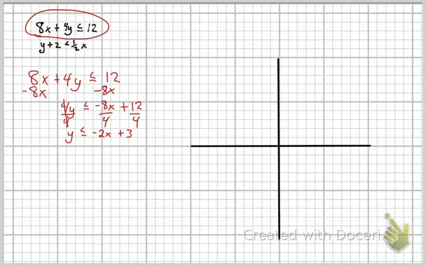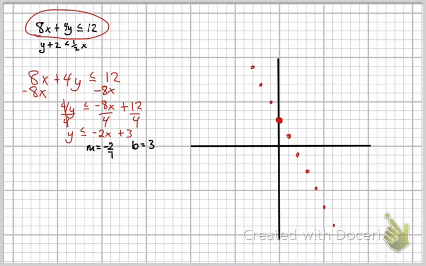I can see my slope. My m value is negative 2. I'm going to make that negative 2 over 1. My y-intercept is positive 3. So I'm going to find positive 3, and I'm going to go ahead and start graphing this. Again, I'm trying to be as accurate as possible, so I want to use as many points as I can on this.